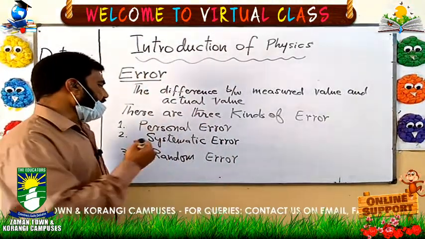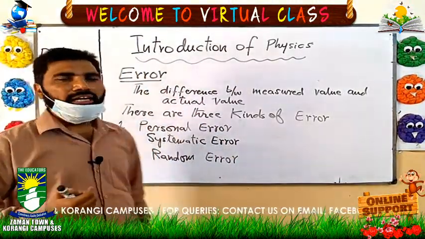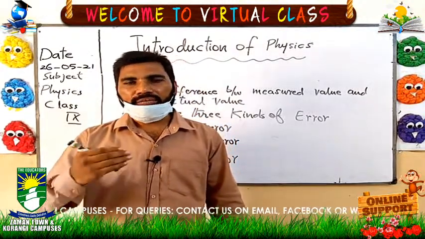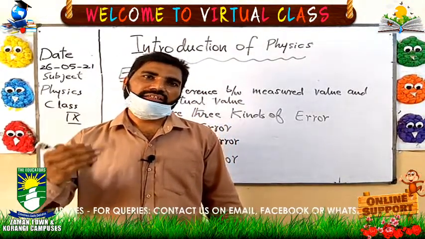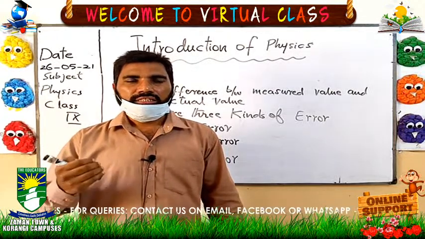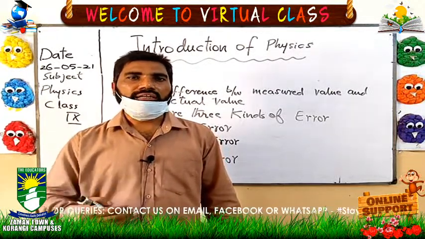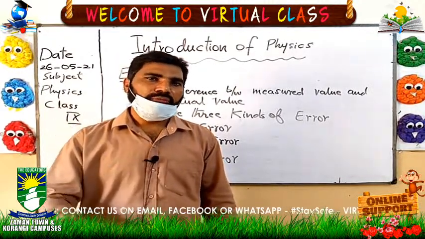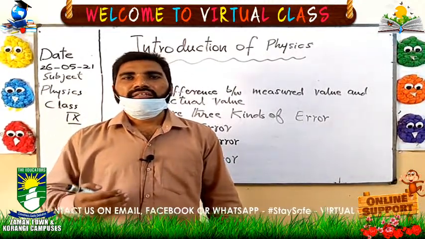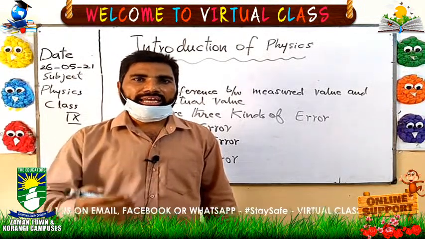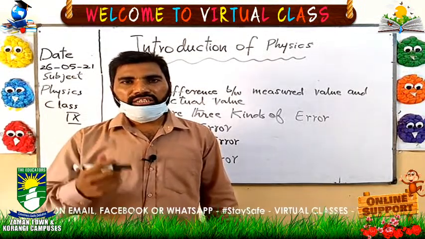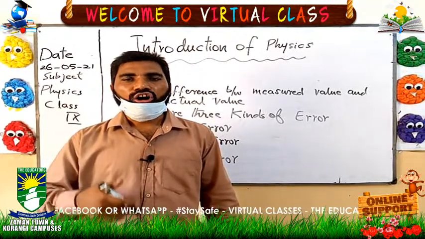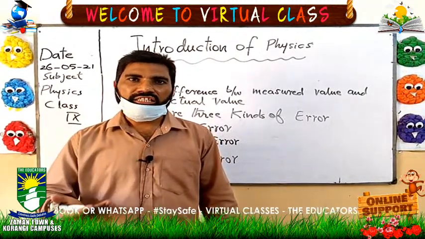Now third is random error. Random error is due to the external conditions. At some time it is beyond the control of the experimenter. Suppose that the experimenter is performing an experiment, and the temperature is changing, or maybe the voltage is changing, or the humidity level is changing.